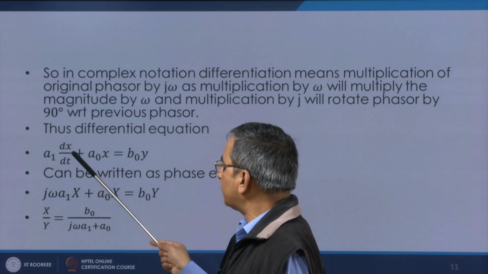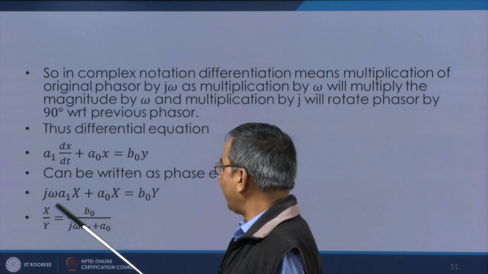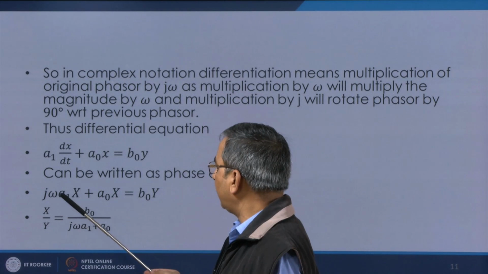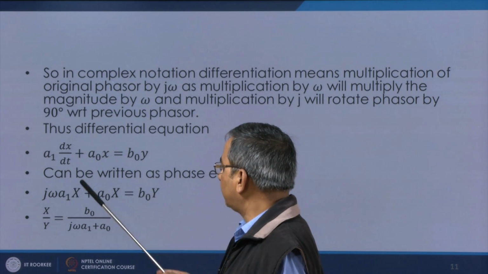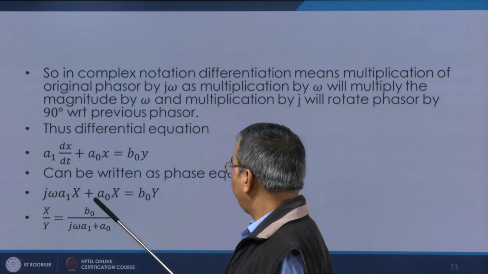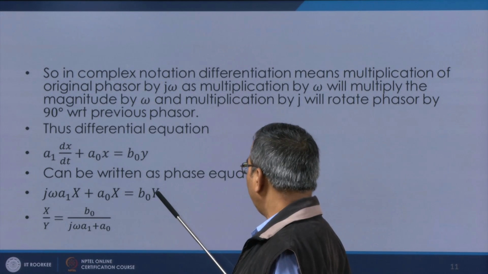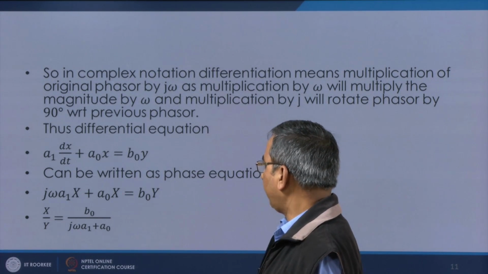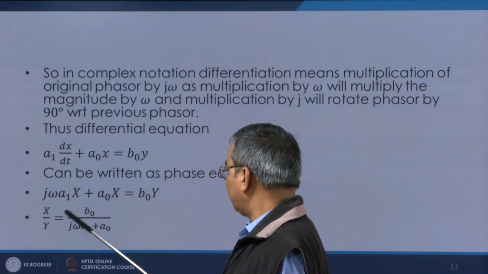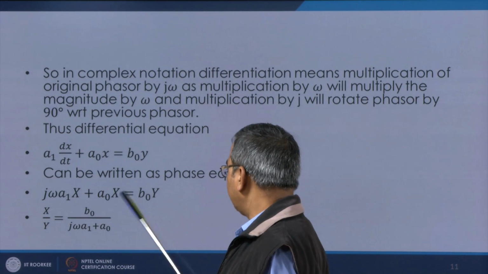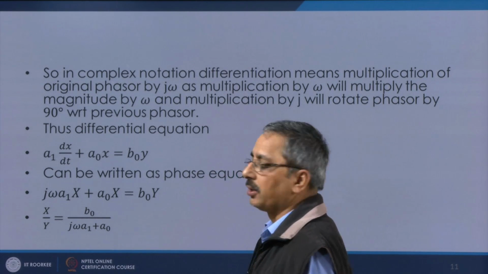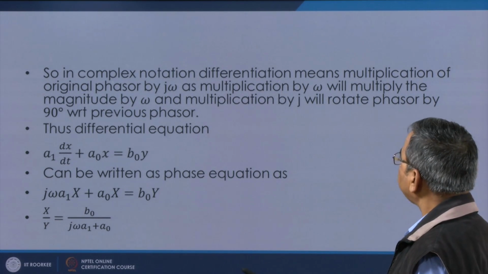So what I do is, say the phasor is x, then I multiply this x by j omega, and this a1 value is my original coefficient here, plus we have a0 x is equal to b0 y. Okay, and from here I can get the ratio of output, that is x, divided by input y, and this is b0 by j omega a1 plus a0. So this is what I get.